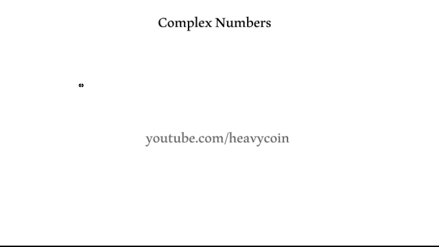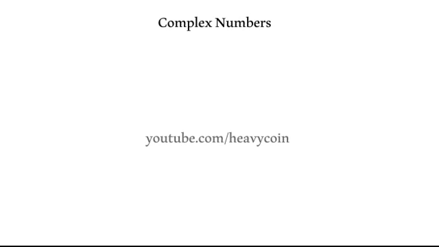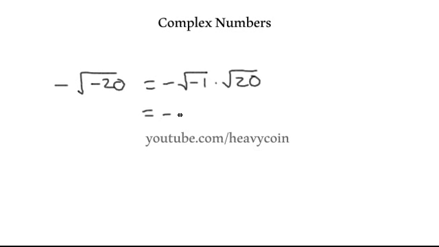All right. Let's look at another one here. Negative square root of -20. So this is negative square root of -1 times the square root of 20. Now, square root of -1 is i.